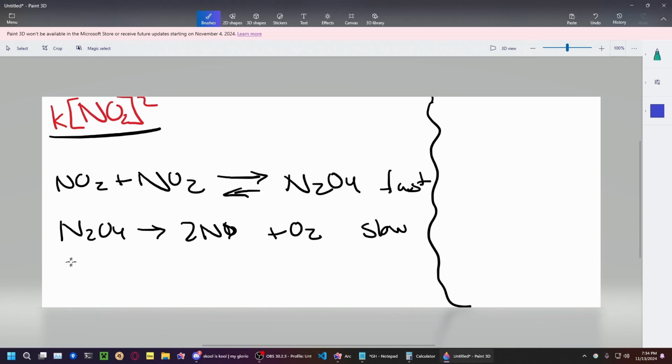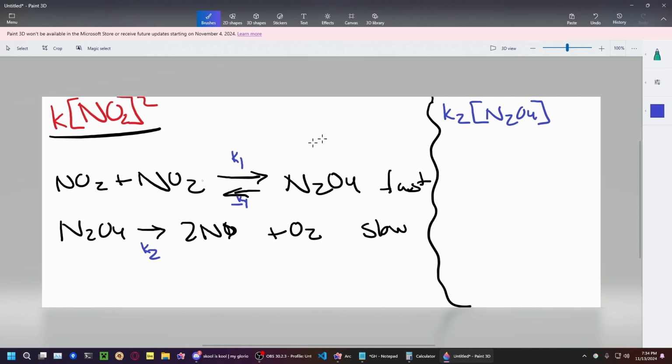In this case, if I call this 2, if I call it going back -1 and going forward 1, this would be my K over here. I can say that the rate of my overall reaction is represented by this rate constant times N2O4, no exponents because they're just 1, but I want it in terms of my NO2.